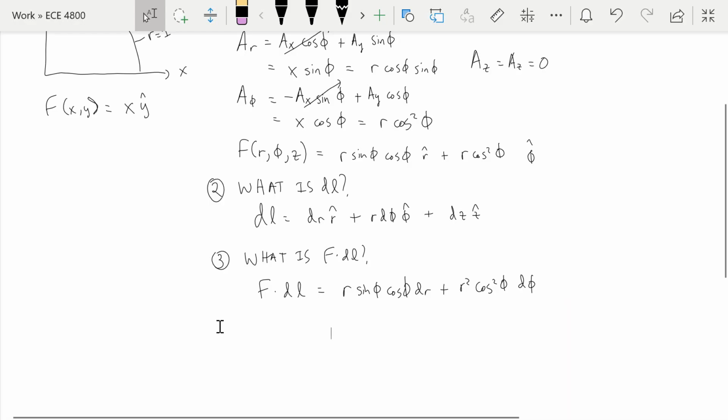So this next step here, finding our range of integration: in our line integral problems, there's only going to be a single variable where we're going to have a range.